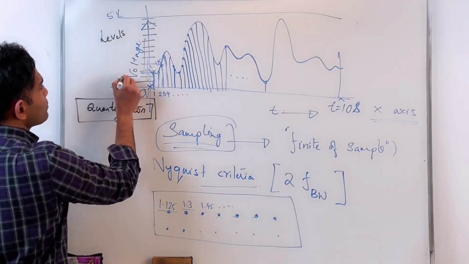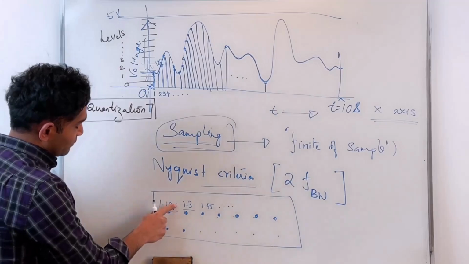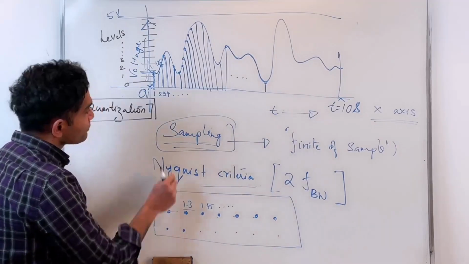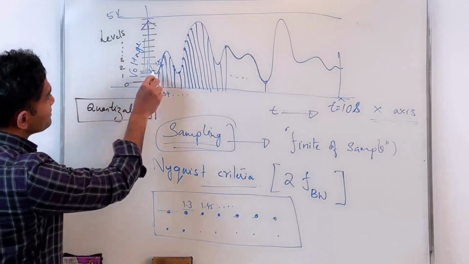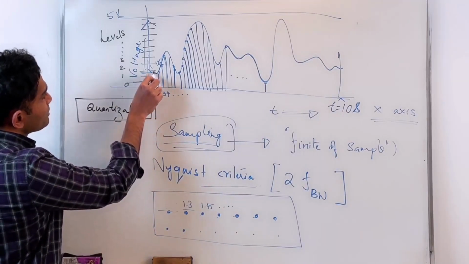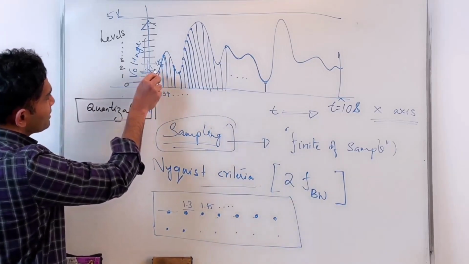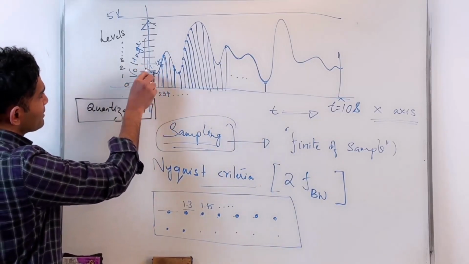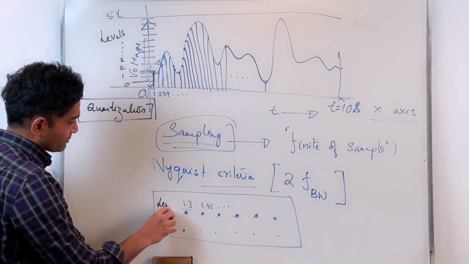So this is 0, 1, 2, 3, and so on. Of course, each level corresponds to a voltage, but I can simply talk in terms of levels. Let's say the first sample, again, I will come up with a rule so that if it's closest to the top level, then I will take that as the level. So let's say that's level 2. So instead of this, I will say that's level 2.